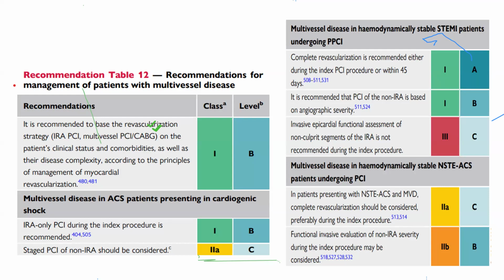In patients presenting with non-ST elevation ACS and multivessel disease, complete revascularization should be considered, preferably during the index procedure. So essentially, the concept is if the patient's risk during the procedure is relatively acceptable, moderate to low, then you can go ahead to stent the non-infarct related arteries which are significant angiographically and hemodynamically, not just because they are obstructive more than 50%.